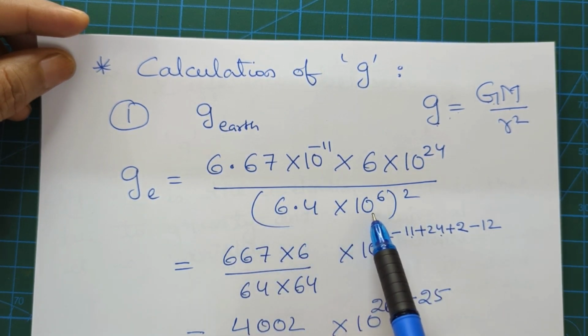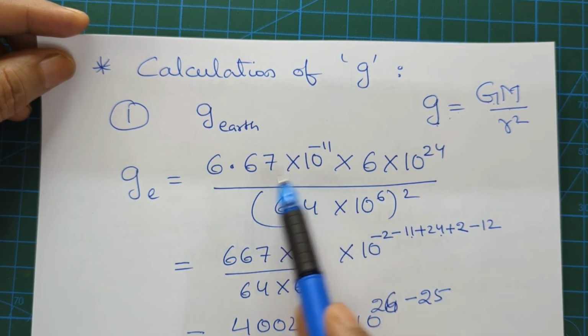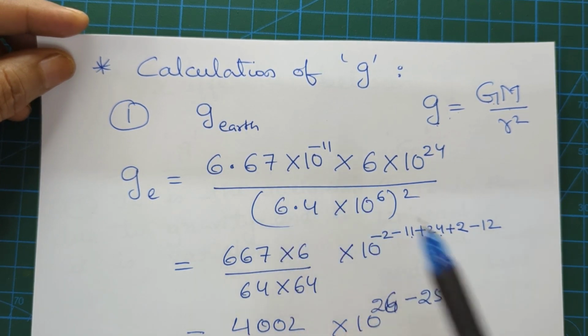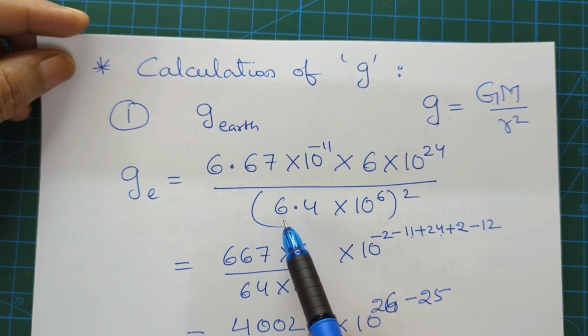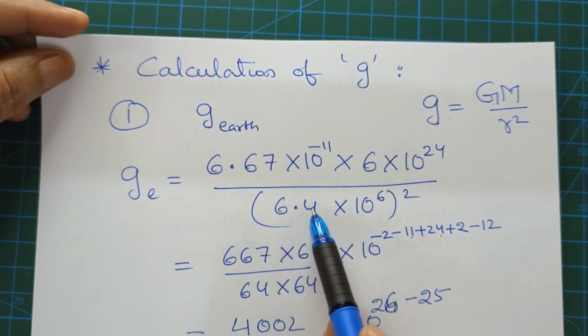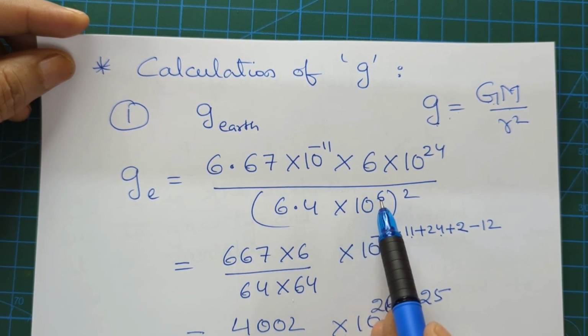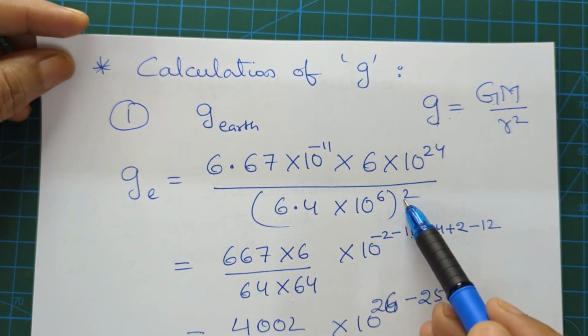Radius of earth, you can remember it as 6400 kilometers, but whenever we use it for calculation, kilometers has to be converted to meters. 1 kilometer is 1000 meters. So 6400 kilometers will appear in standard form as 6.4 into 10 to the power 6. So since it is r square, here square.